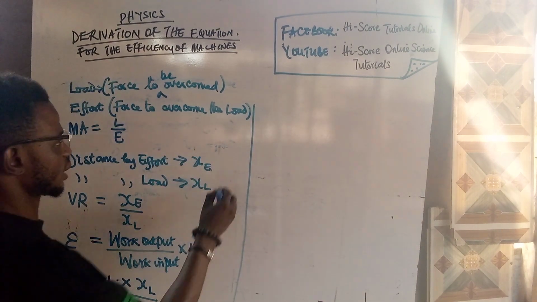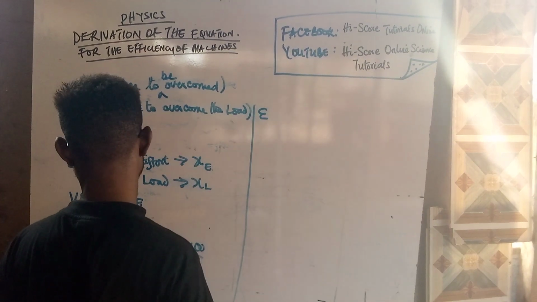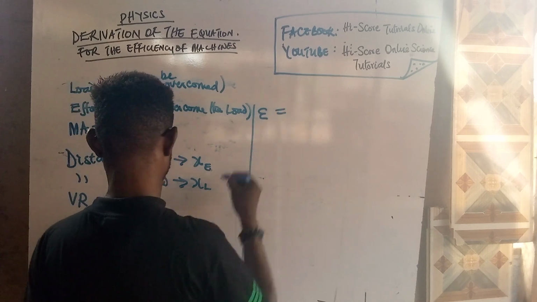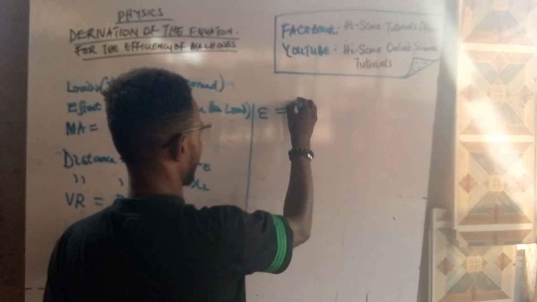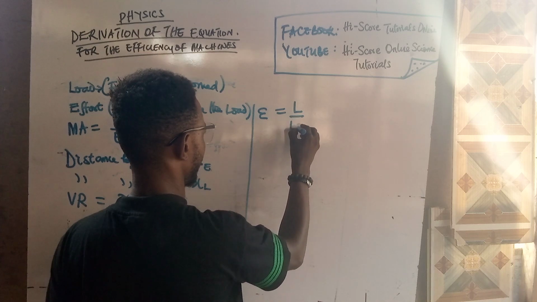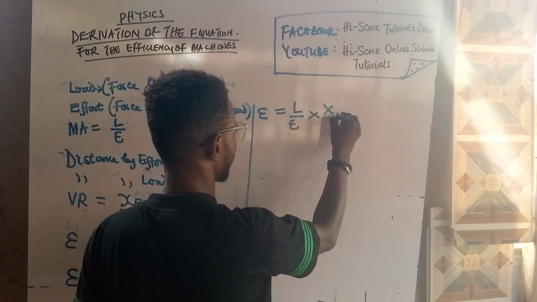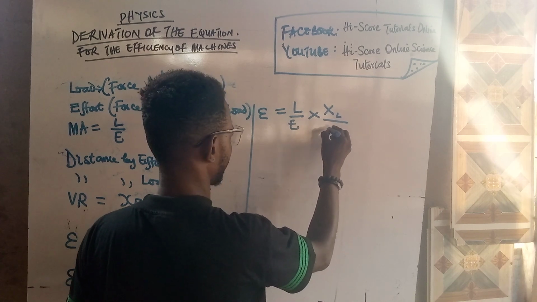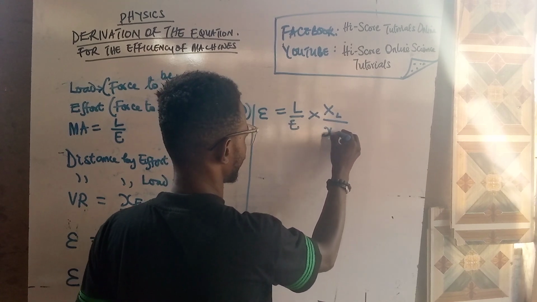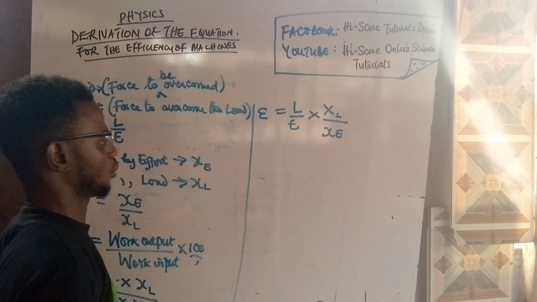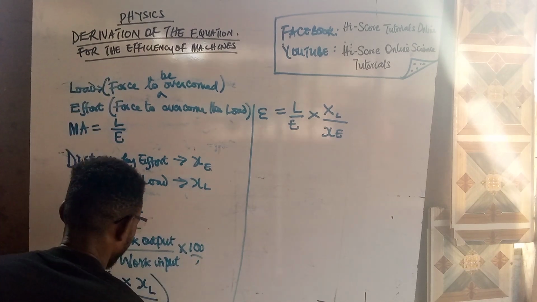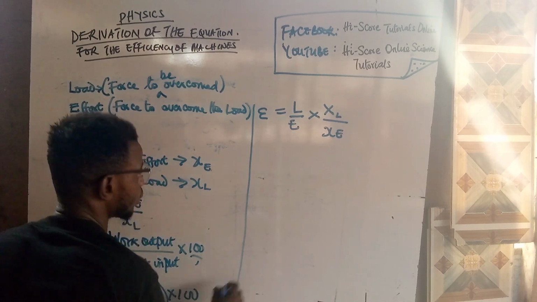We can express this as epsilon equals load over effort times distance moved by the load all over distance moved by the effort, times 100 over 1.